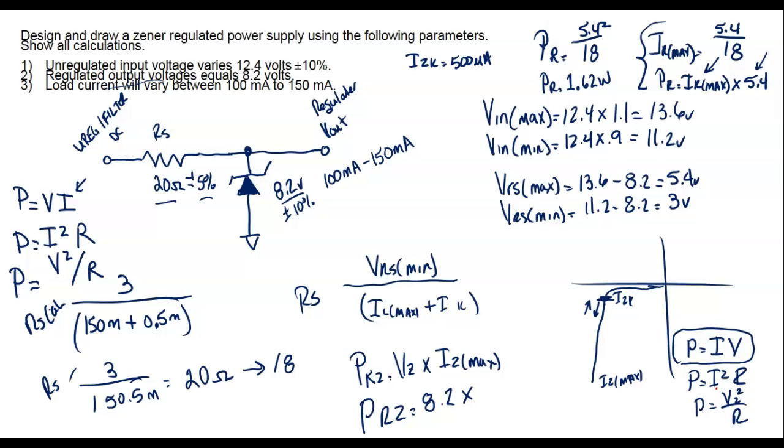So in the IR max, 5.4 divided by 18, that gives me the maximum current. The maximum current that is going to flow through that resistor is when it's dropping its maximum voltage.